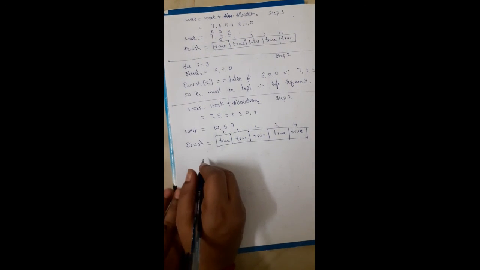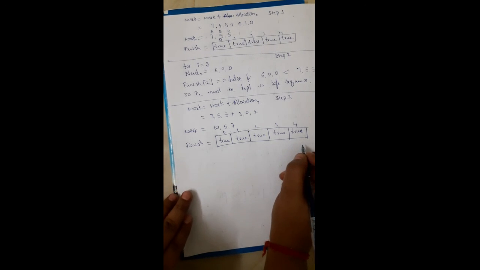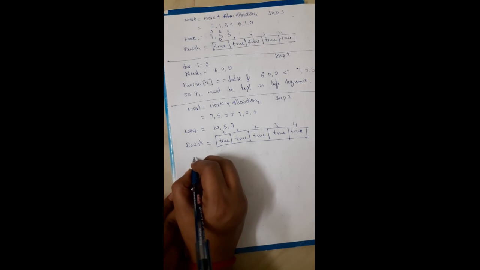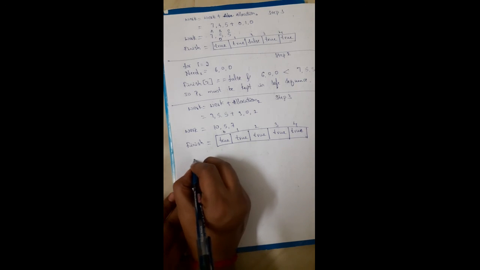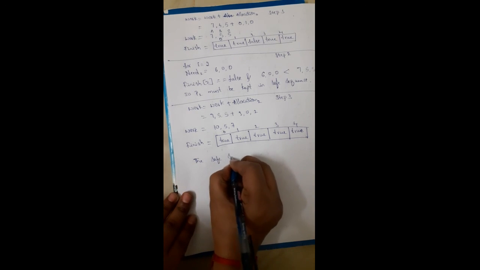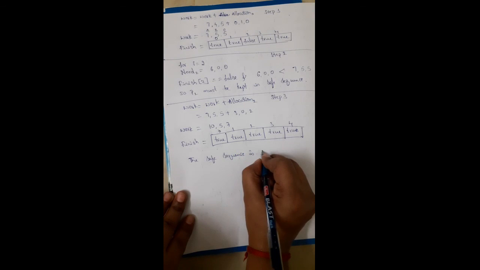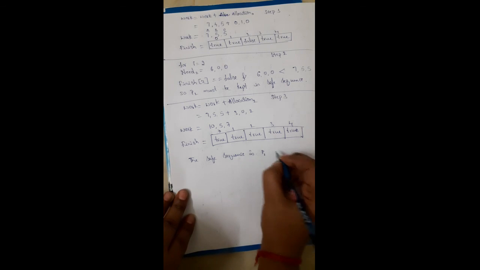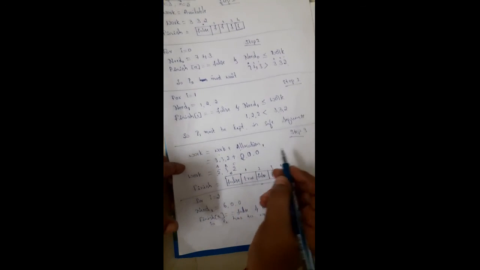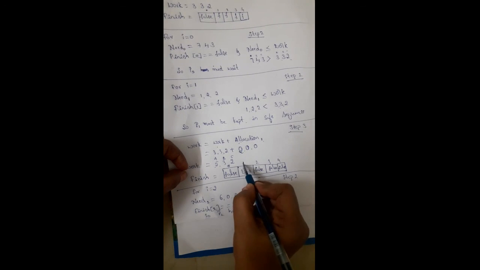So this current assignment of the resource type leads to a safe sequence, right? So how do we write the safe sequence now? The safe sequence is the order in which we executed the processes. That is, first we executed P1, right? See here, the first one is P1. In the finish array, here this is true, that is P1.